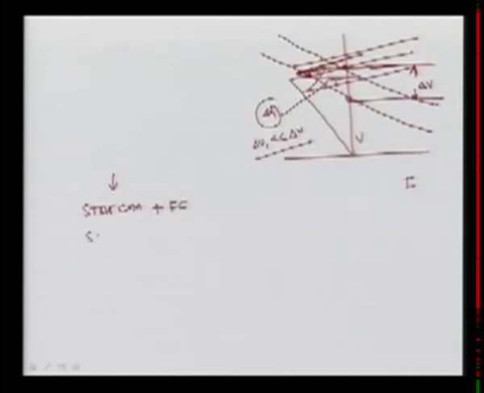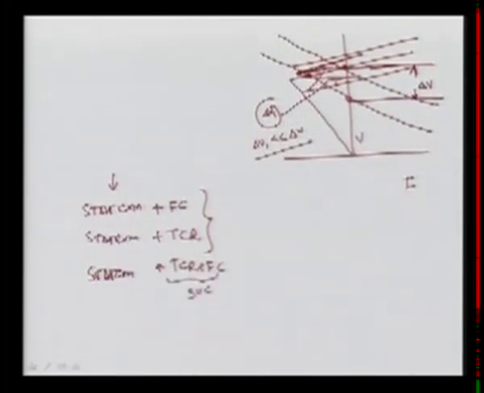Another option is StatCom plus thyristor controlled reactors. We can have several other combinations, even StatCom as well as TCR plus fixed capacitor, and that is nothing but the SVC.